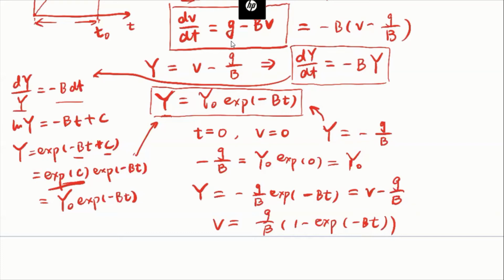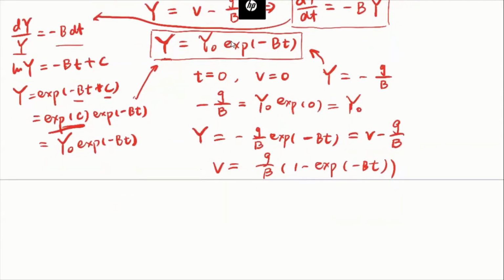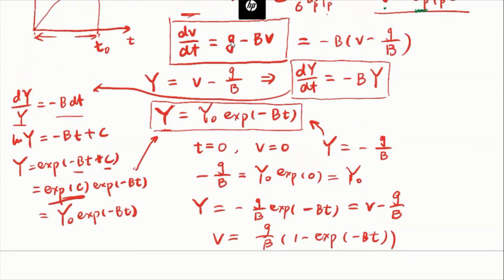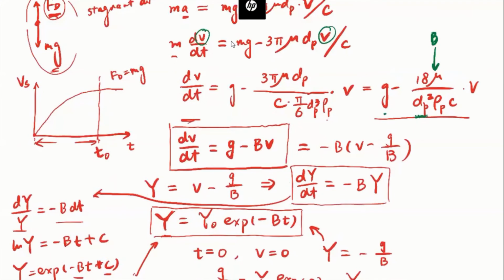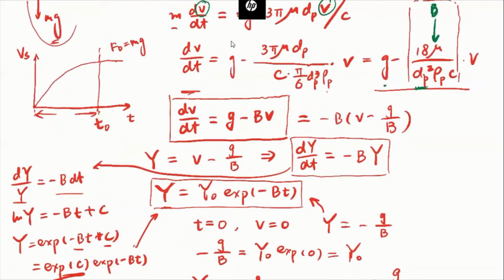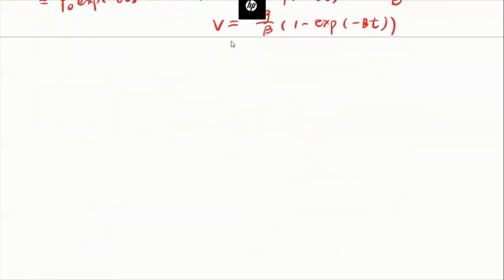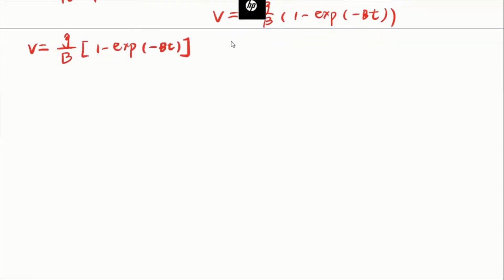So now we have the expression of the velocity, right? And remember here, we made this substitution for this b, okay? So let's just write this equation here again. v is equal to g over b, 1 minus exponential minus bt, in the bracket.